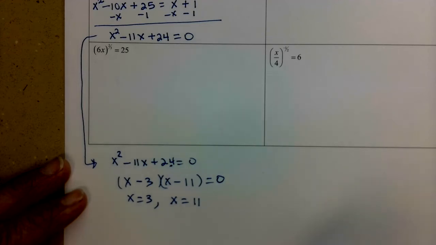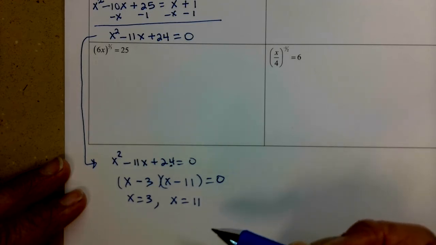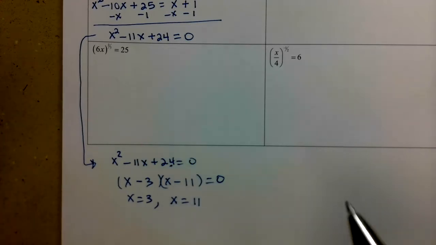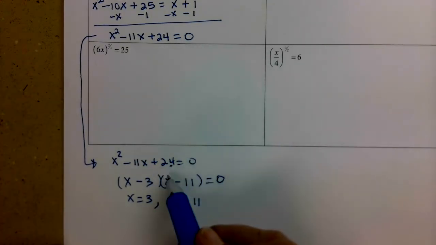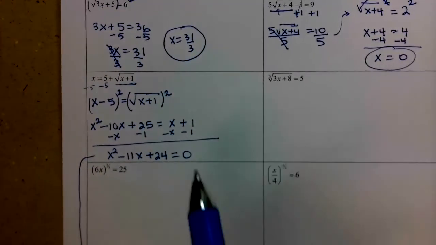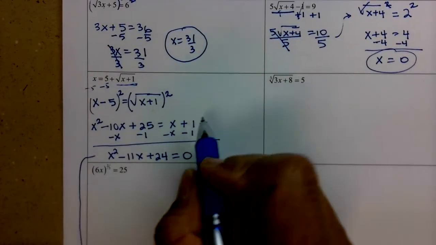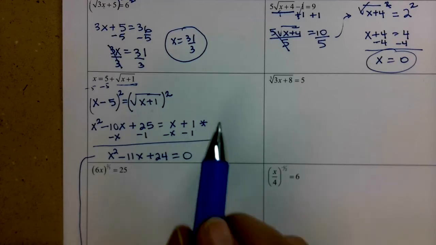When we have a quadratic equation that we solve in our radicals, there might be a case where we introduce something called an extraneous solution. So stay with me. That means these two numbers definitely work in the x squared minus 11x plus 24. They work all the way back up to this stage where we had x squared minus 10x plus 25 equals x plus 1.